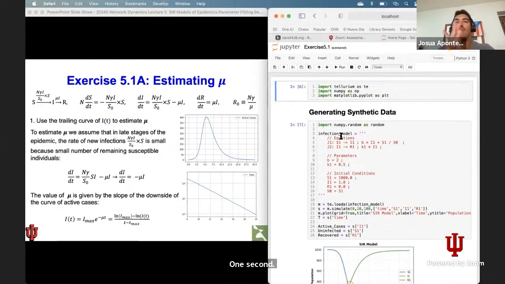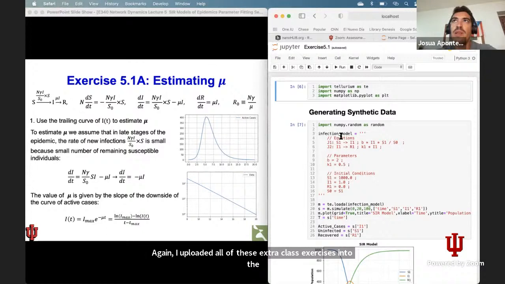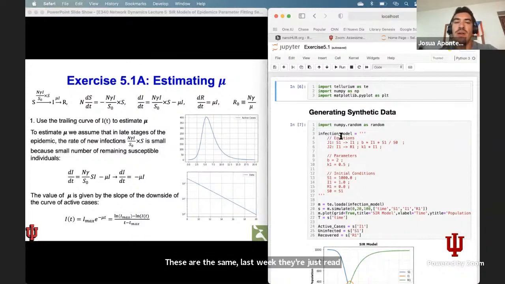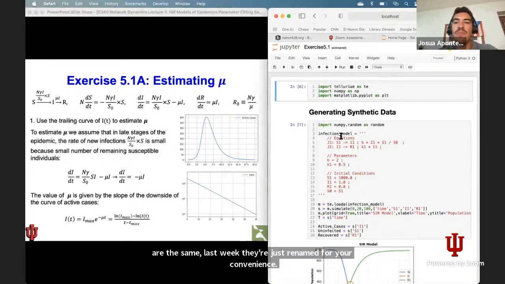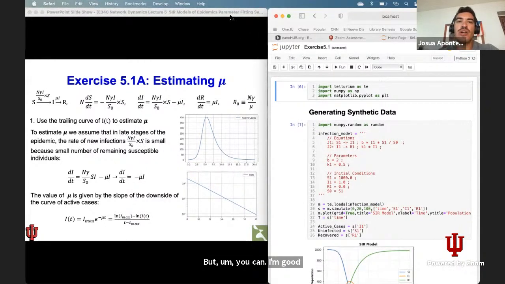Again, I've uploaded all of these class exercises into the Google Drive, lecture 5 demos. These are the same as last week, just renamed for your convenience. I'm going to share the poll again, to make sure everyone has access to the files and can upload them into NanoHub, or launch the Jupyter Notebook locally if you have Tellurium installed.